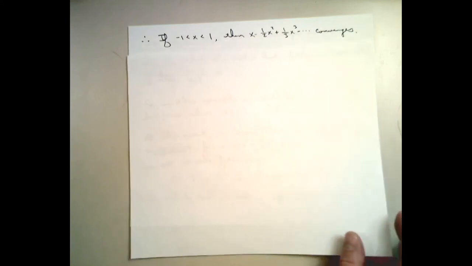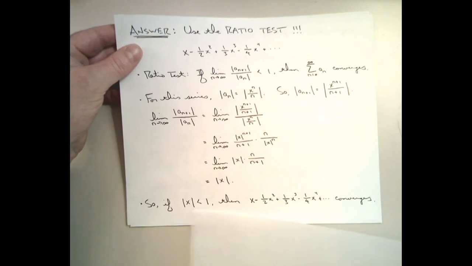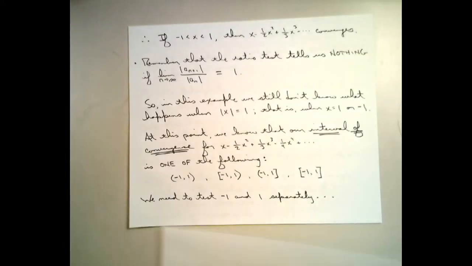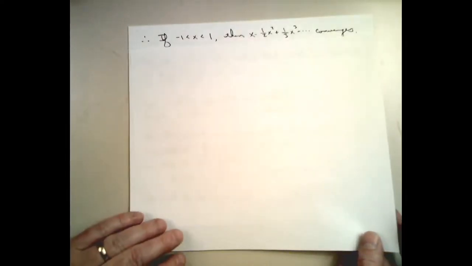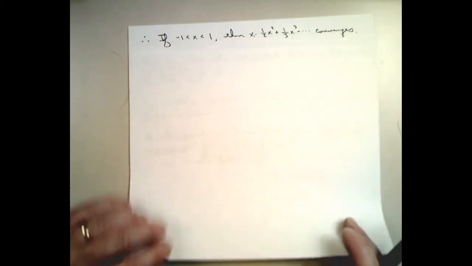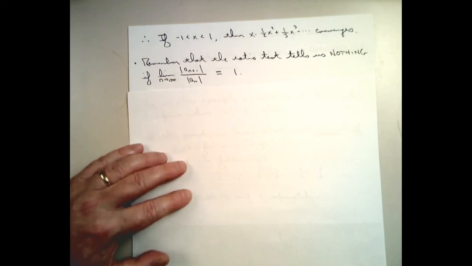All right, let's analyze that just a little bit more. So that says, right, absolute value of x being less than 1, another way of saying that is that x is between -1 and 1. Right? So if x is between -1 and 1, then the series converges. Great. Well, that gives us a lot of information, but it doesn't quite tell us everything yet.